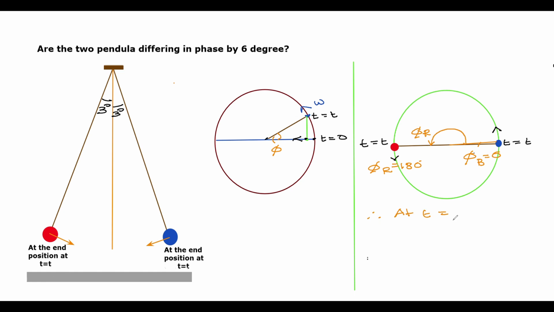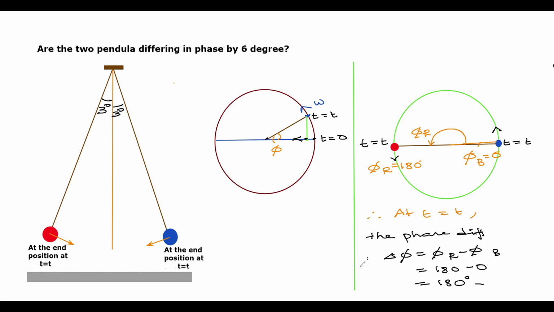Hence, at t equal to t, the phase difference del phi equals phi r minus phi b equals 180 minus 0 equals 180 degrees.